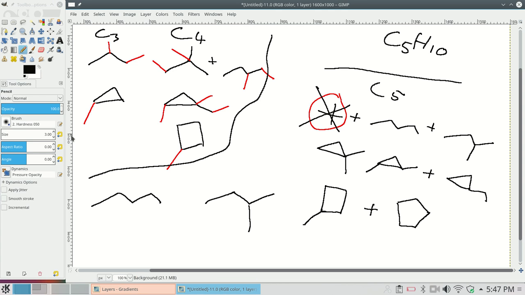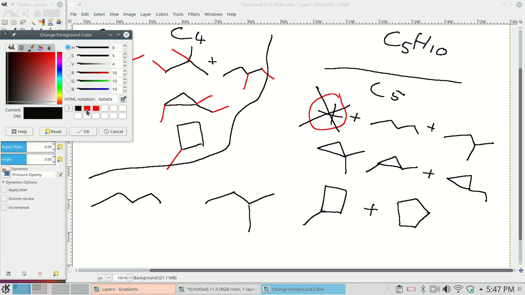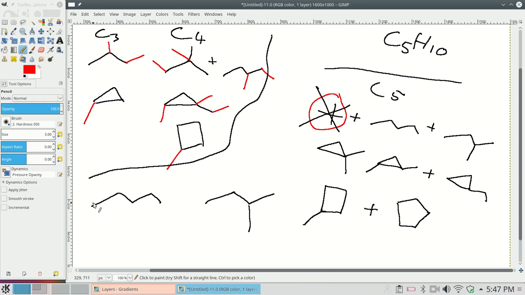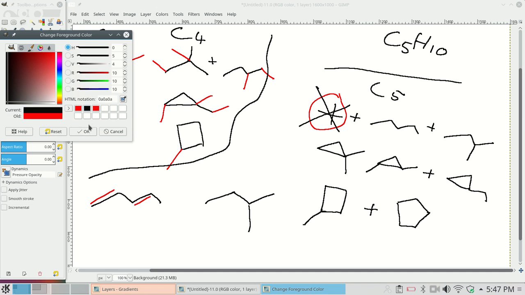And we have a bunch of different options here. We can either add a double bond here, or we can add a double bond here. This would be the same, and this would be again the same. So let's look at the 2 different structures we get from that.